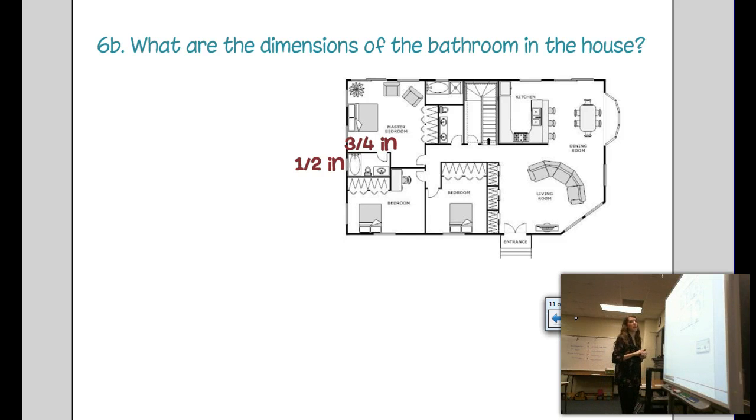Okay, so just multiply it by 102. What's 3/4 times 102? 3/4 times 102. Do I have to put that in parentheses? 25, 25. 76.5.